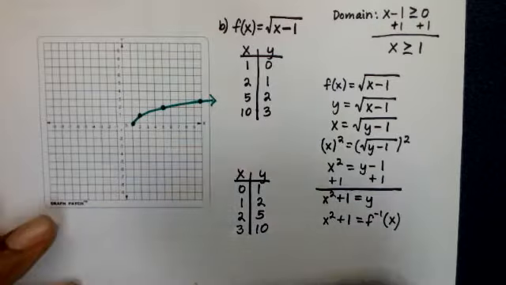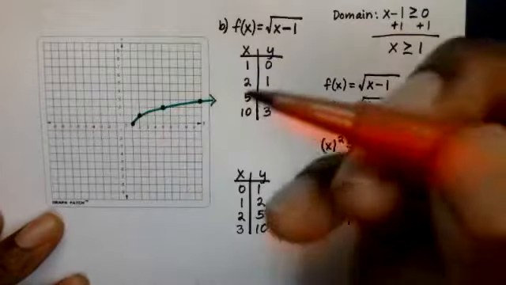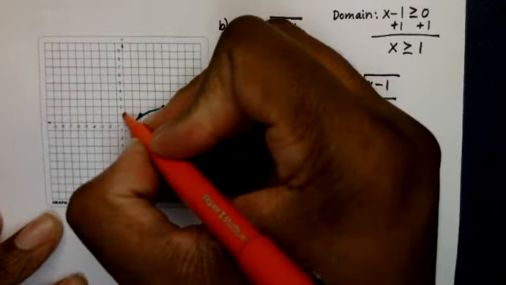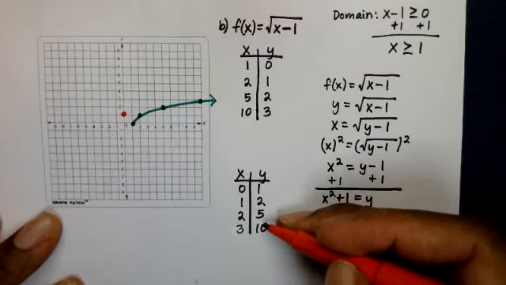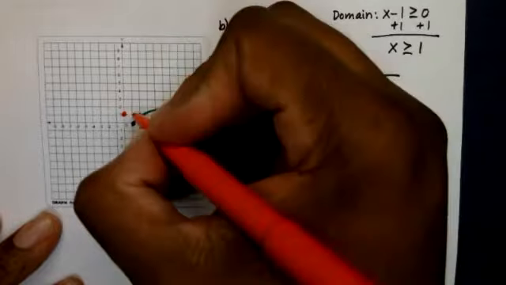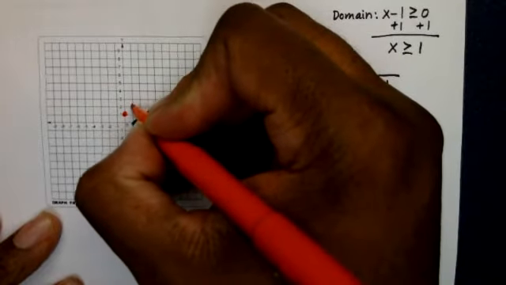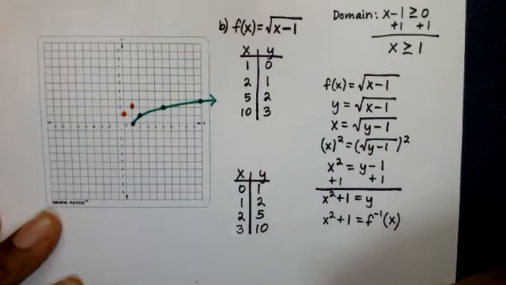All right, now I'm going to graph this. Inverse (0, 1) would be on the y-axis. (1, 2) would be here.